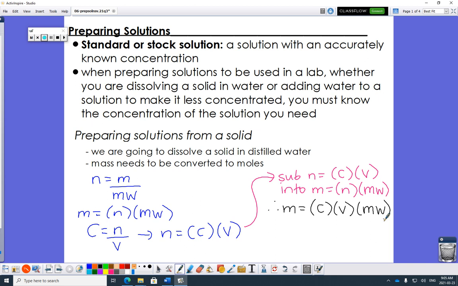If you are a triangle person, you can do a triangle if you prefer. Yesterday, when we did molar concentration, volume had to be liters.